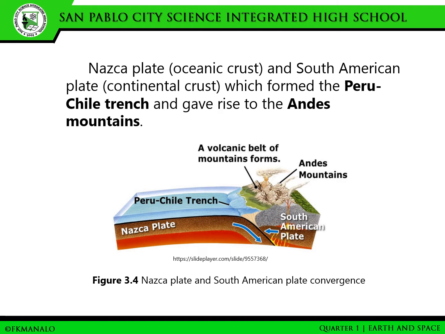One of the notable examples of oceanic continental convergent plate boundary is the convergence of Nazca plate, which is an oceanic crust, and South American plate, which is a continental crust. This gives rise to the formation of Peru Chile Trench and Andes Mountains.